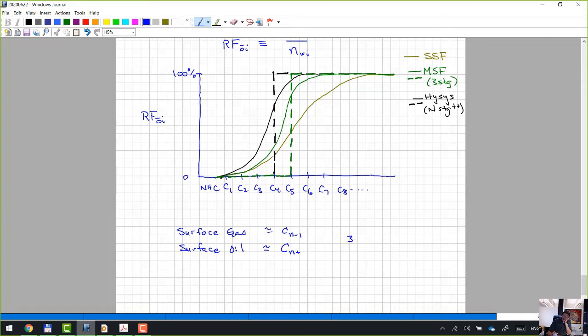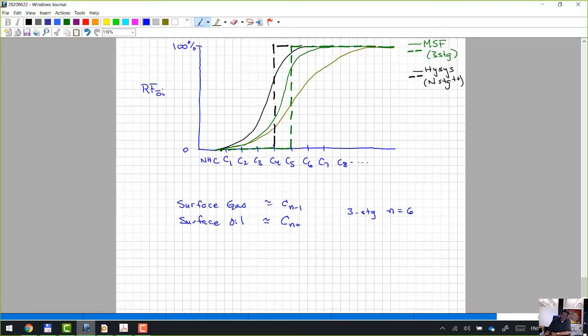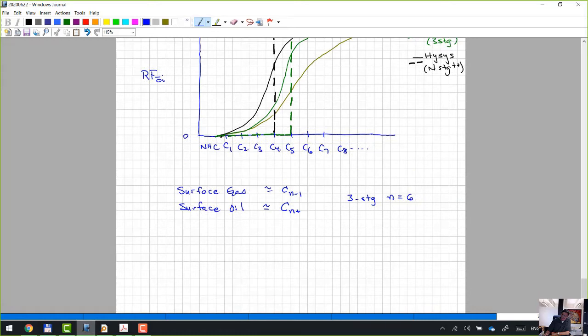So typically for a 3-stage, we use N equal to either 5 or 6, and I'll say 6 in general. Maybe a 2 to 3 stage, you might consider bringing it to 5, but it's going to be an approximation that you can make use of. Okay.